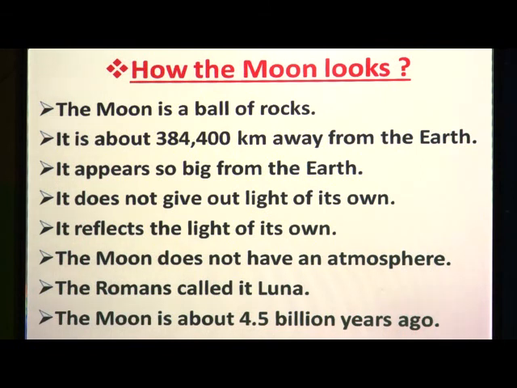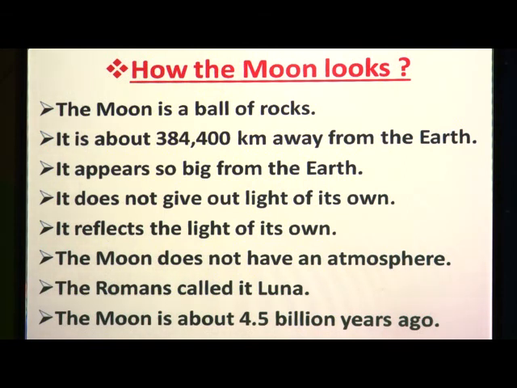But the structure as we see it from the earth is different from the original. So how exactly does the moon look? First of all, the moon is a ball of rocks.